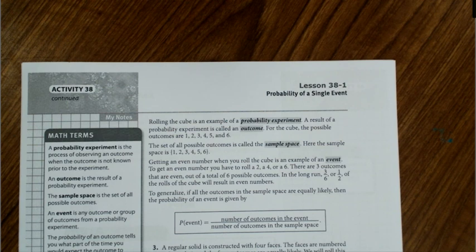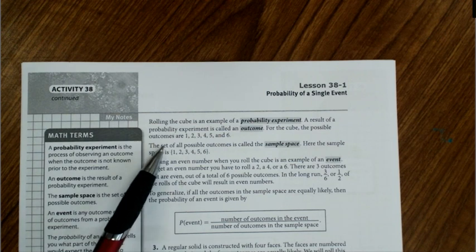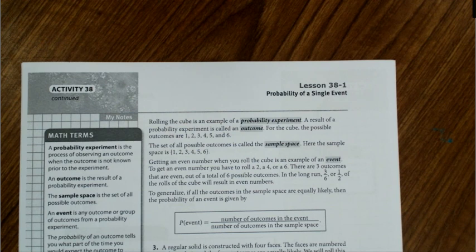The set of all possible outcomes is called the sample space. Here, the sample space is open your brace, 1, 2, 3, 4, 5, 6, close your brace.